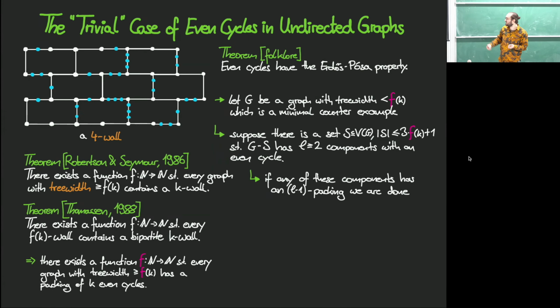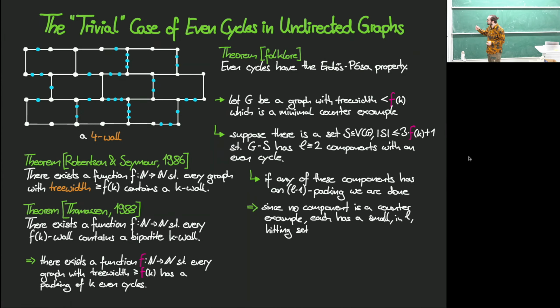And if in one of these components I find an L packing, I have in total enough cycles. I say L, this should be K minus L, sorry. I have enough even cycles altogether. Also L is at most K minus 1, because otherwise I already found my K cycles.